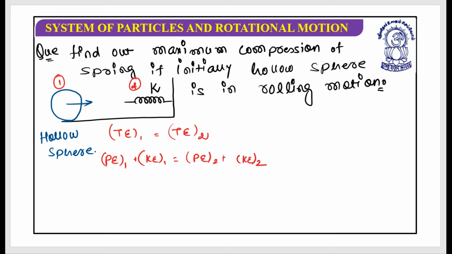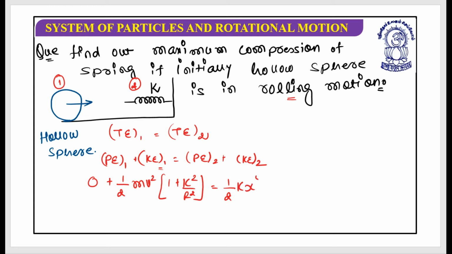At the first location the spring is in its natural length, so potential energy is 0, plus kinetic energy. Since it is in rolling motion, I write half mv square into bracket 1 plus k square by r square. That equals potential energy 2, which in this situation is half kx square.